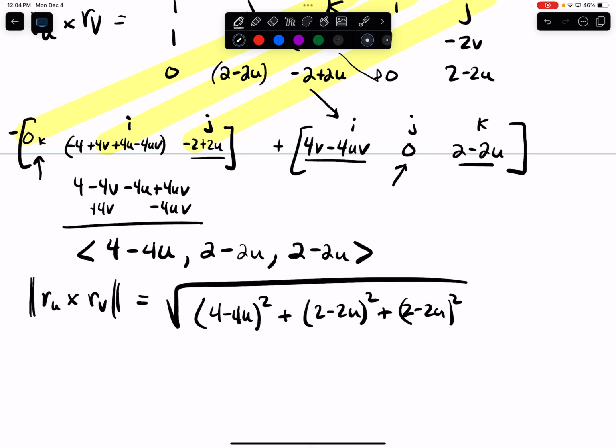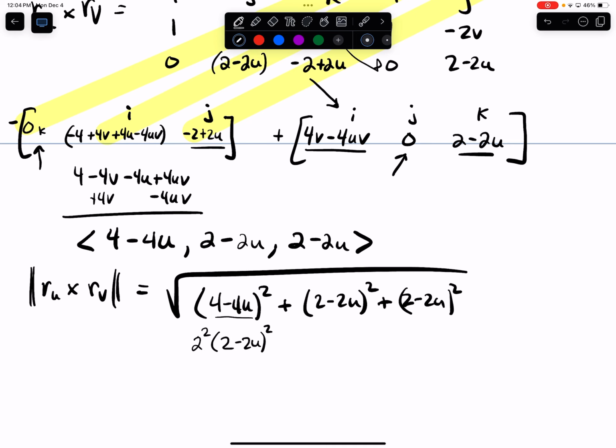Pull a 2 out, so 2 squared pulled out. So how many 2 minus 2u's do I have? This is 4 here, and that's 1, and that's 1, so that's 6.